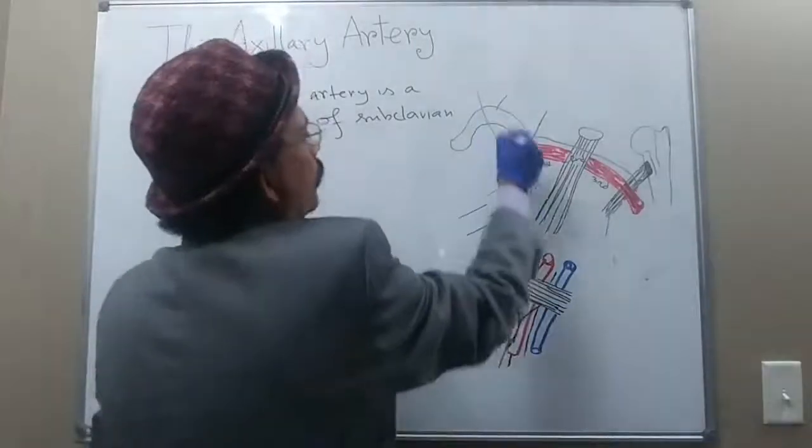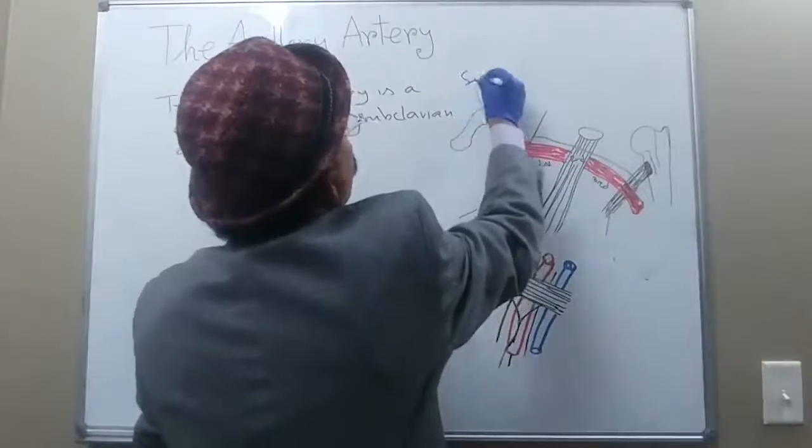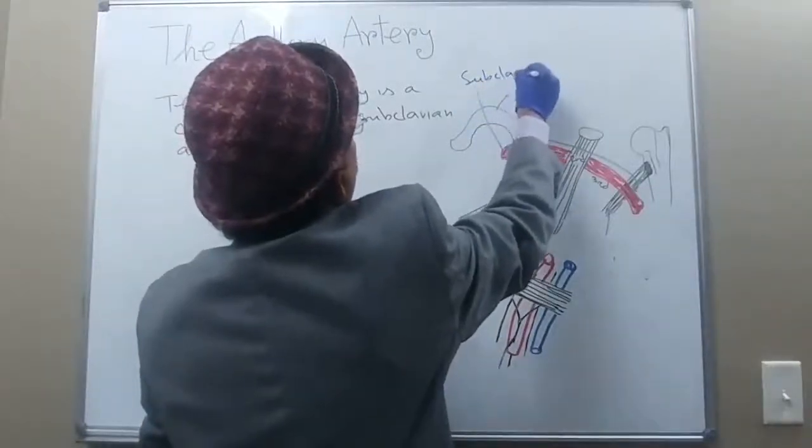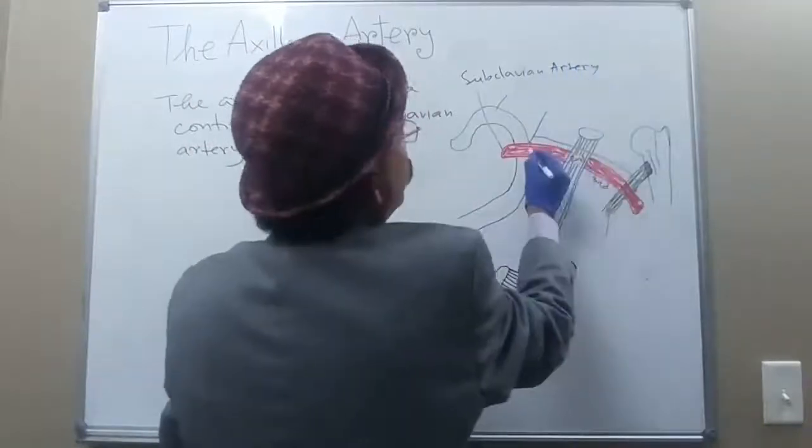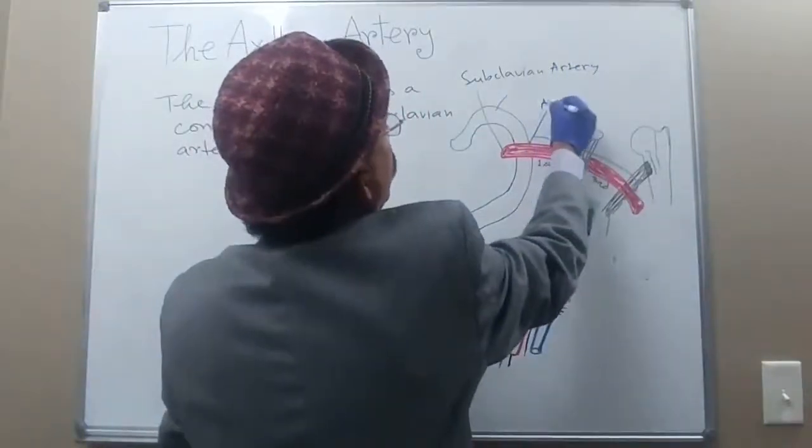So this is the subclavian artery, and this is the axillary artery.